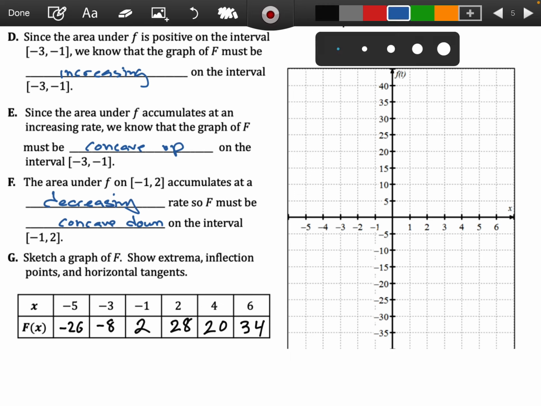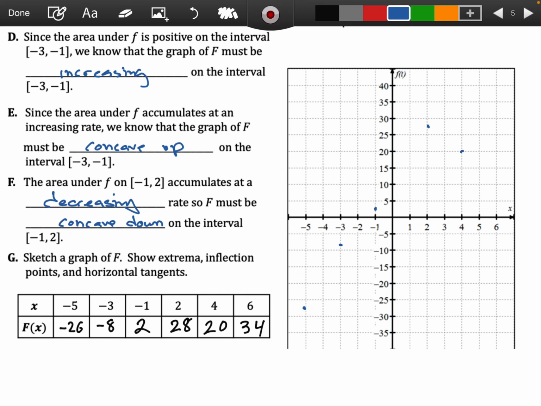So if we were to graph these points, just give me a second. I'll start graphing them. And again, you don't have to be that precise. Just kind of get the ballpark there.